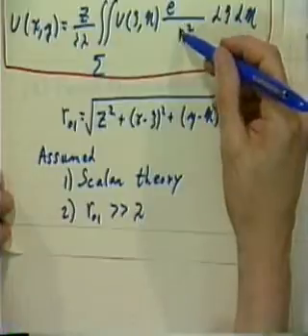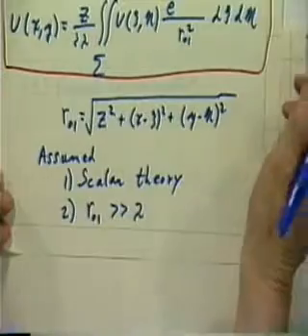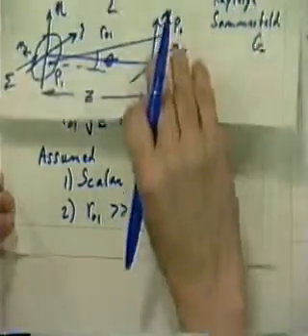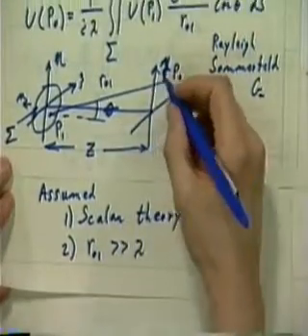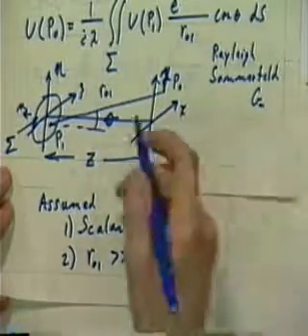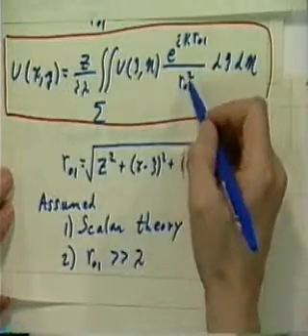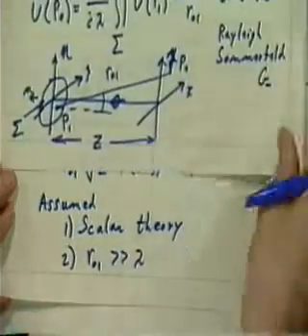The R0 squared in the basement here doesn't bother us too much. As long as we're many wavelengths away, the R0 squared in the basement here, I'm just going to approximate that as z, okay?